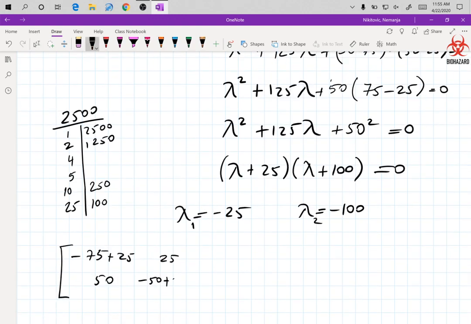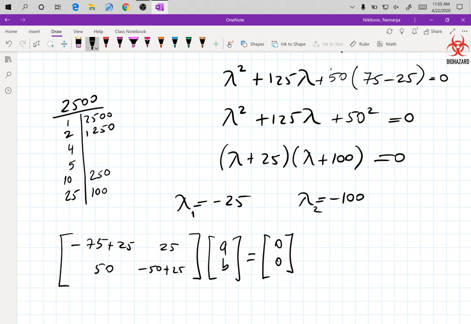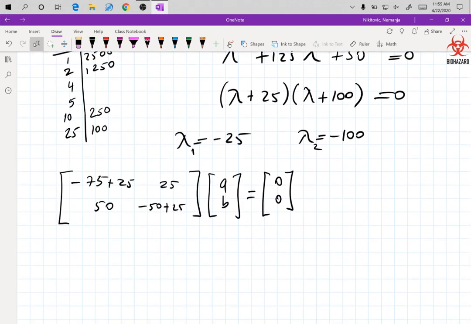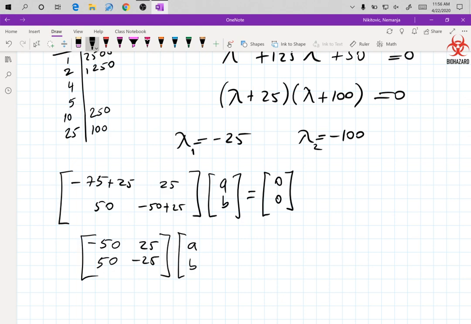So negative 75 plus 25, 25, 50, negative 50 plus 25, times the vector AB needs to give us the 0 vector. So this is going to be negative 50, 25, positive 50, negative 25, times AB equals 0, 0.